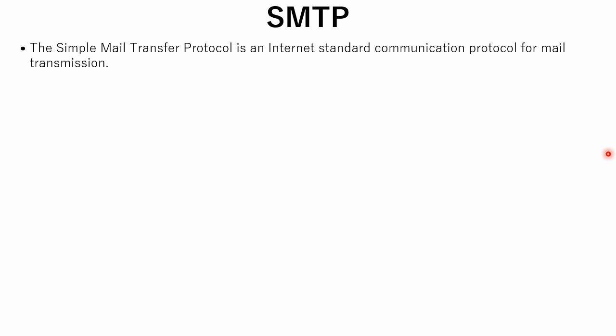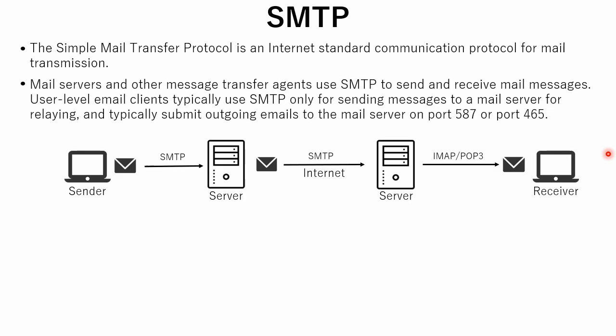Now let's talk a little bit about mail sending procedure. For sending mail, SMTP is used. SMTP stands for Simple Mail Transfer Protocol. Simple Mail Transfer Protocol is an Internet standard communication protocol for mail transmission. Mail servers and other message transfer agents use SMTP to send and receive mail messages.